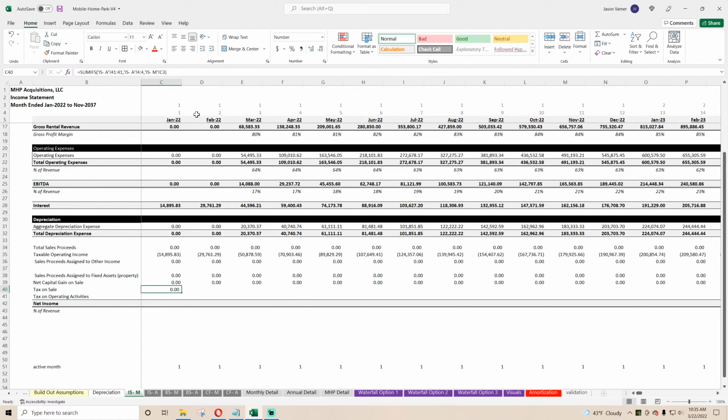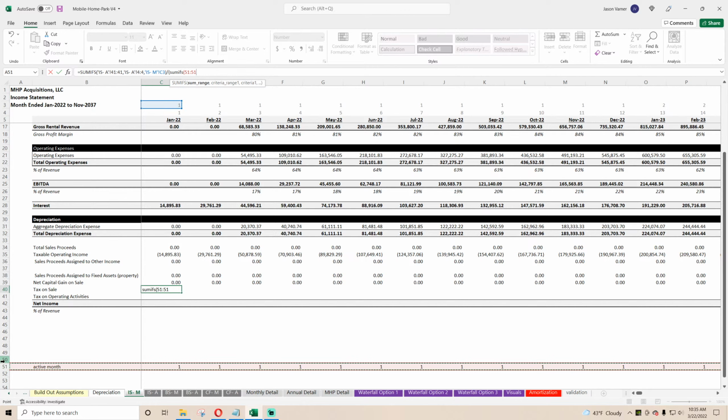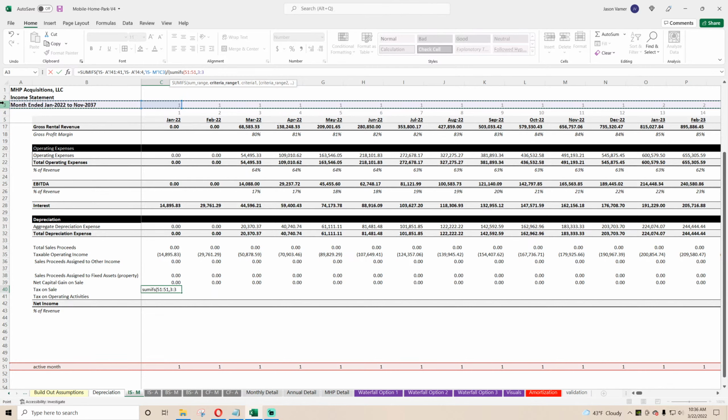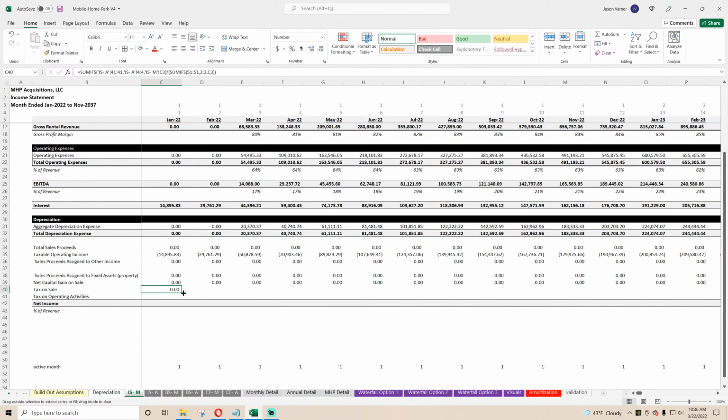And then to get the monthly, we want to divide that by sumifs this is 1. So sumif 51 if the year here is the year. And let's try that.